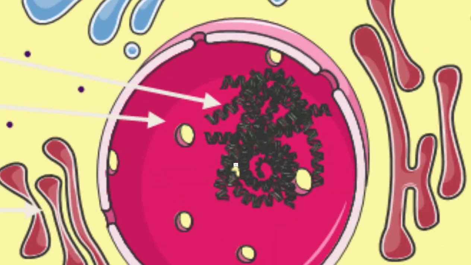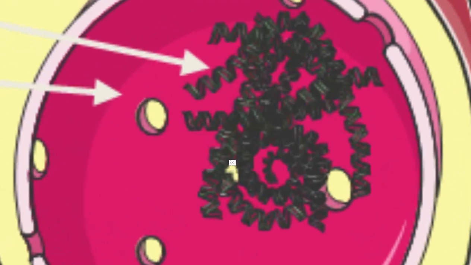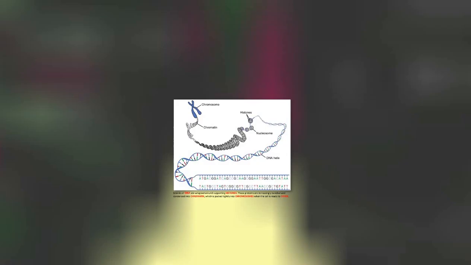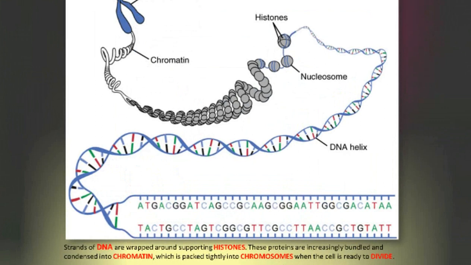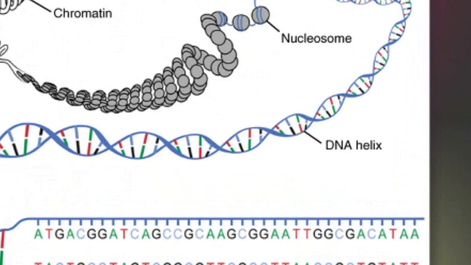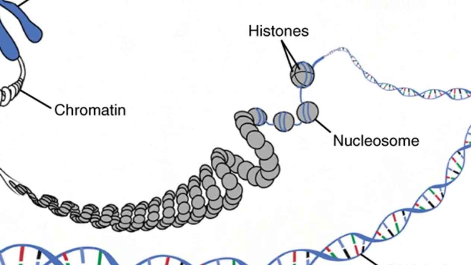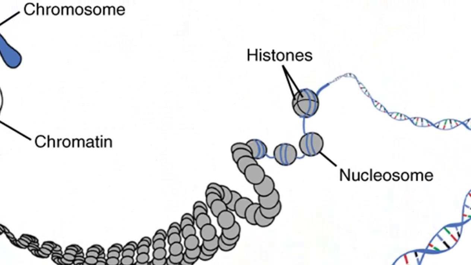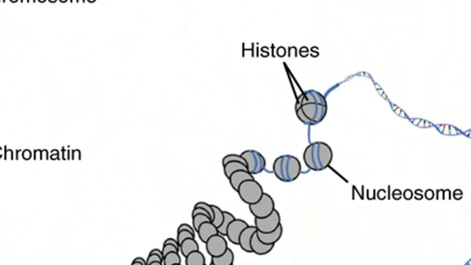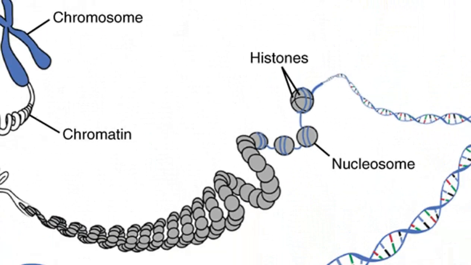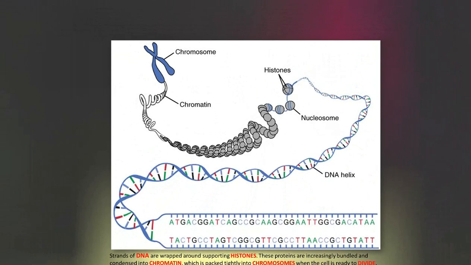Usually these chromosomes contain the DNA, a double helical structure, and this is associated with histone proteins. That means while packing the DNA, these histone proteins are useful for the packing of the DNA. So these chromosomes are present inside the nucleus.